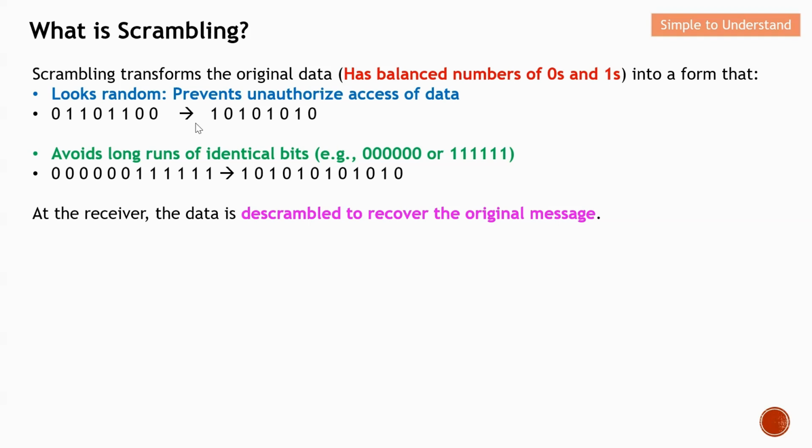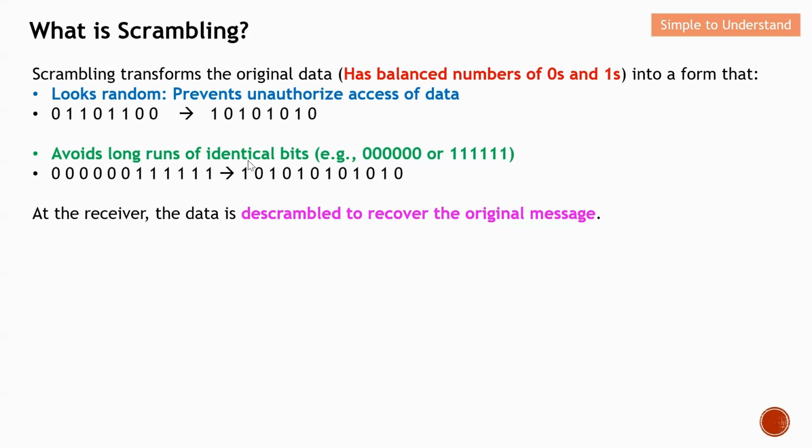Next, the second use is to avoid long runs of identical bits. For example, over here, you can see that I have a long run of 0s and also a long run of 1s. After scrambling, the message format can look like this. With this, I resolve the issue of synchronization. Imagine if there are too many 0s, you probably will lose the direction.